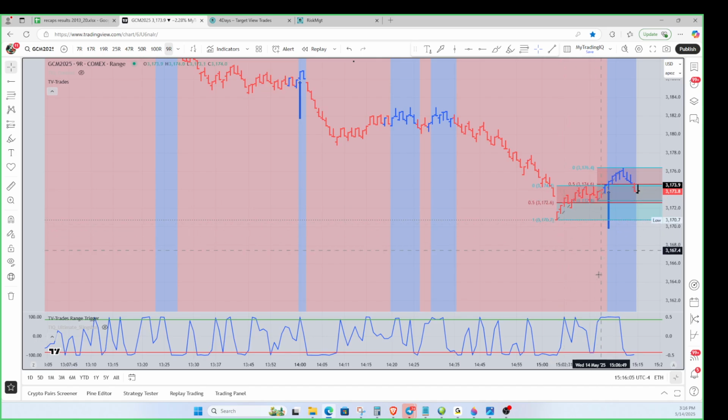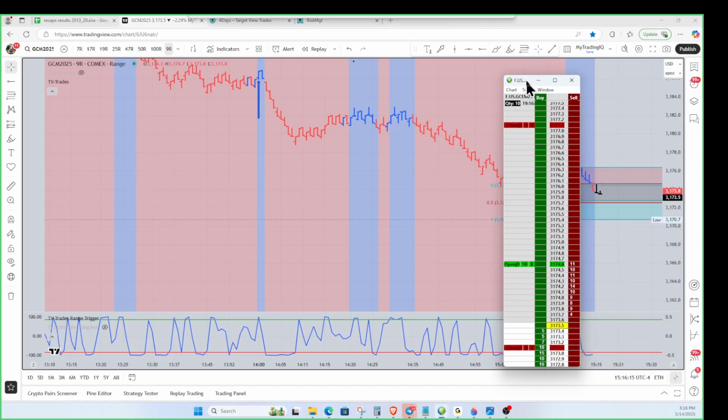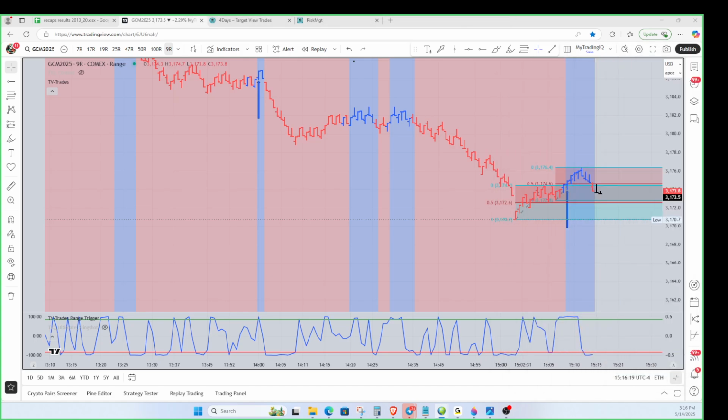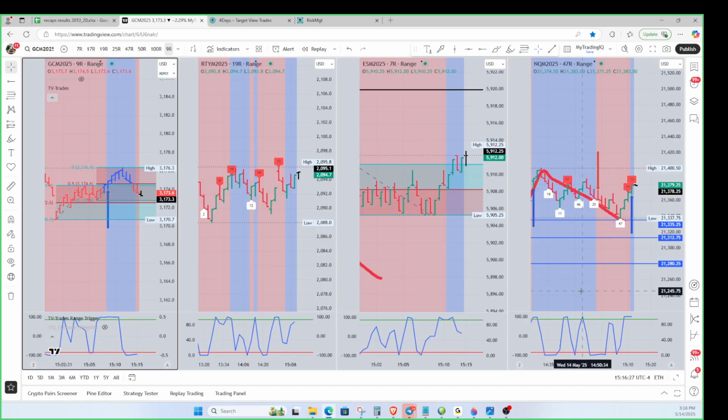You would use that point where it came out of the oversold to where it went back into the oversold. So now it would be a conservative trade, and it's not a trade at all. So I'm going to cancel the order. There's the order, right? I'm just going to cancel it. And the background color just changed. So we'll go look at another market right now.